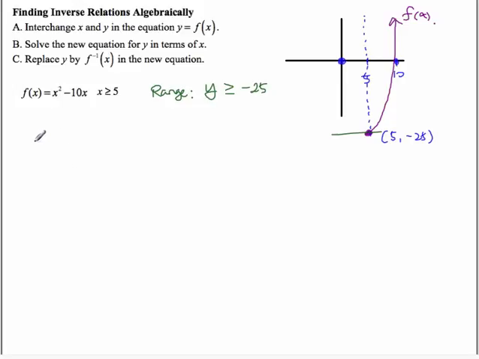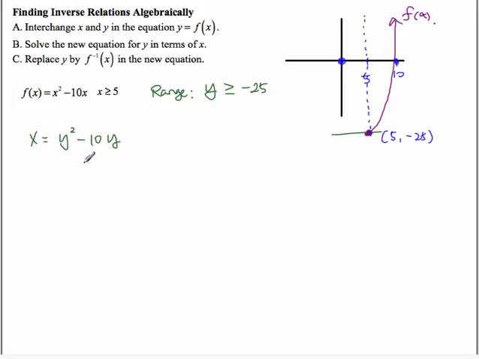So let's go ahead: x equals y squared minus 10y. Okay, now what do I do? I have a problem because there are two y's now. So I'm going to complete the square.